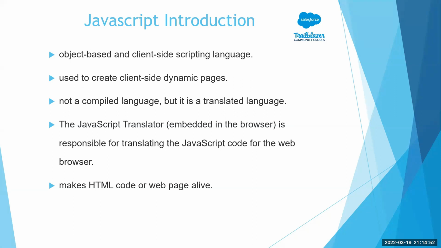The JavaScript code will run by default, and you need not do any pre-installation activities to support JavaScript. To add the functionality or to make the page alive, we are adding JavaScript to the website. As I told, it will run on the browser only, so I will show you the code in your browser.